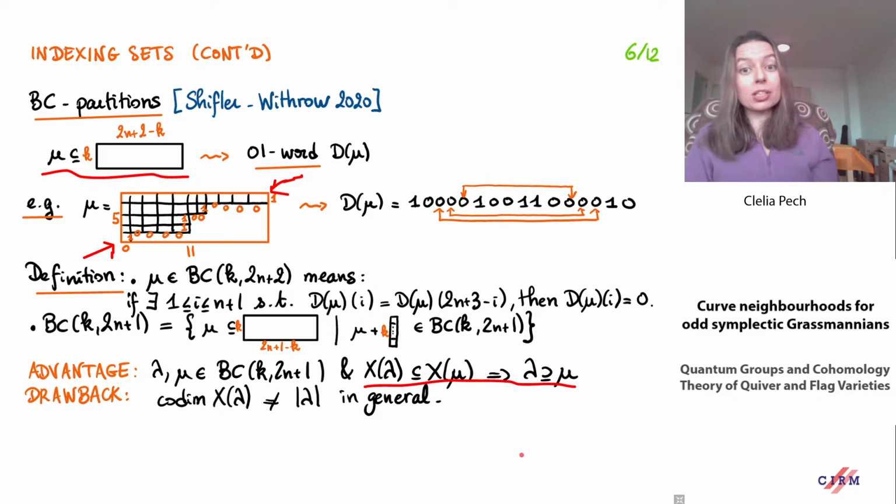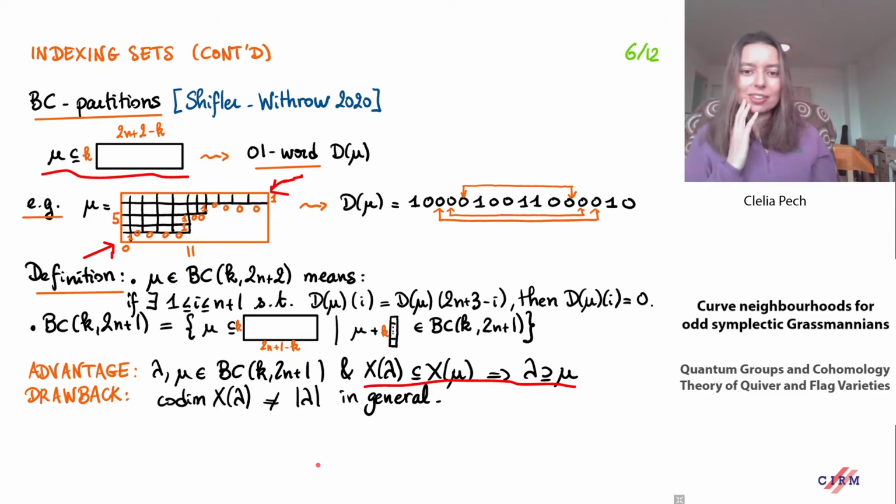So this is really useful for us. If I have an inclusion of Schubert varieties, it translates into the reverse inclusion for the Young diagram of the corresponding partitions. However, it is no longer true that you can readily compute the codimension by just counting the number of boxes in the partition. Not in general, at least.